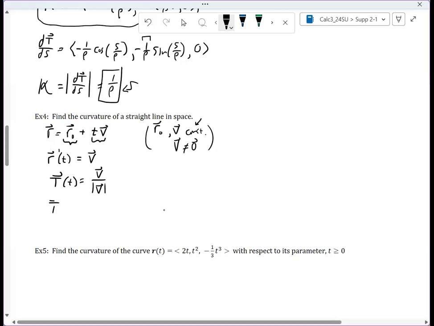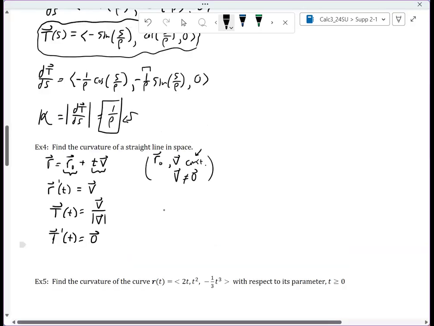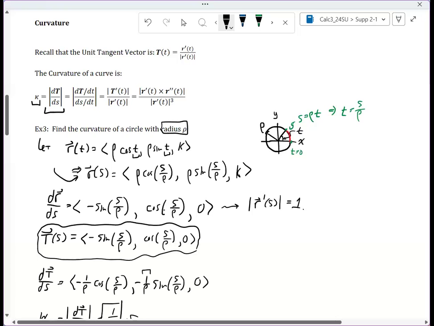And what is T prime? Well, this is the 0 vector. So T prime is the 0 vector. I think pretty clearly we can see that the curvature is going to be 0, but let's go through carefully.